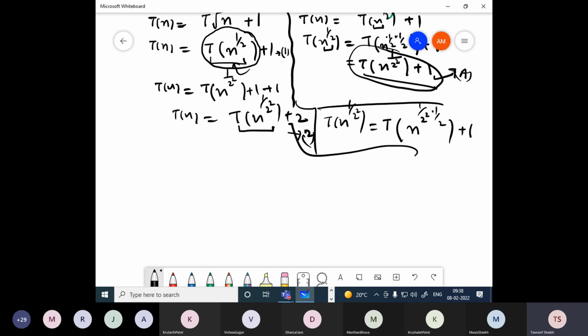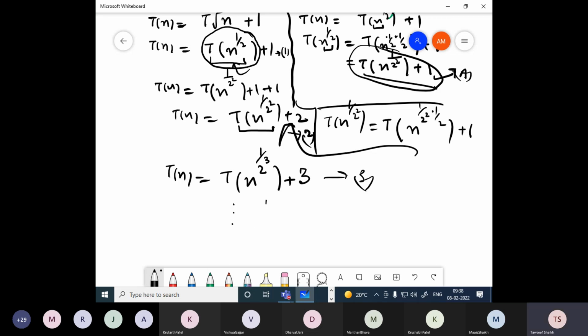So again, resubstituting it here, I will get T of n equal to, in place of this whole, T of n to the power 1 by 2 cube, plus this 2 plus this 1. It will add up to 3. So let me keep it as equation third.